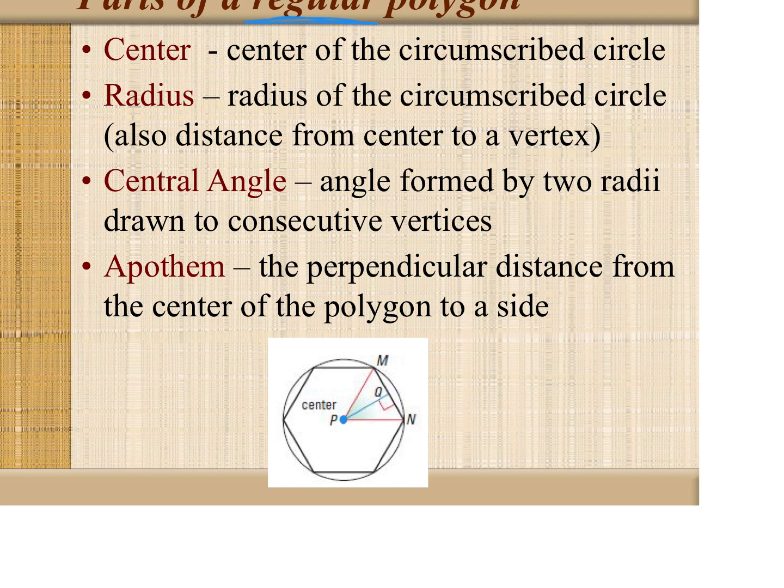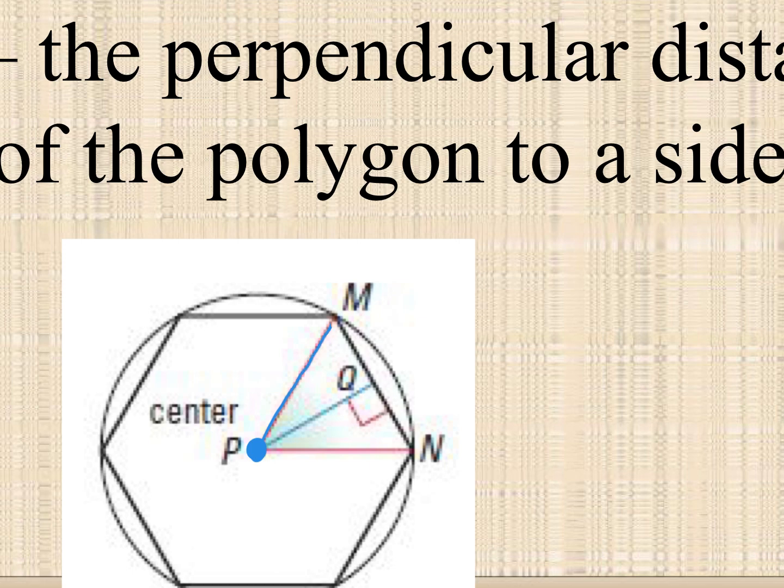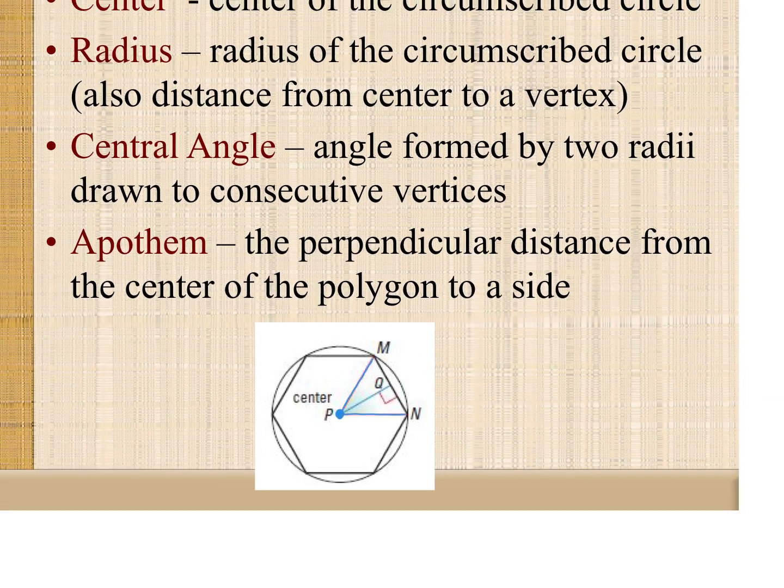The radius of your polygon is the radius of the circumscribed circle. That means go from the center to a vertex. So this length, PM, and this length, PN, are both radii, okay?